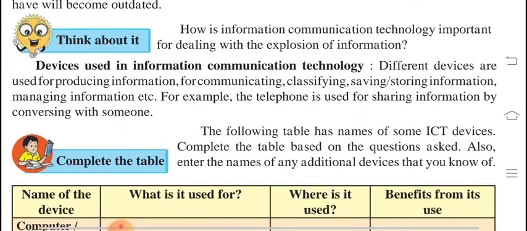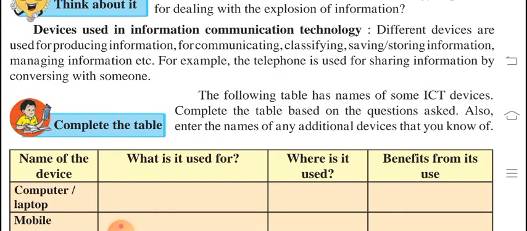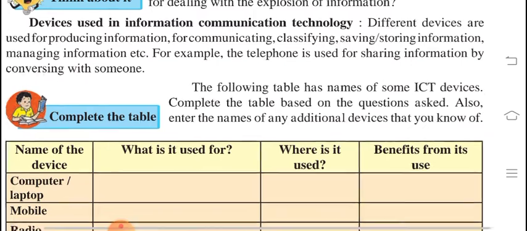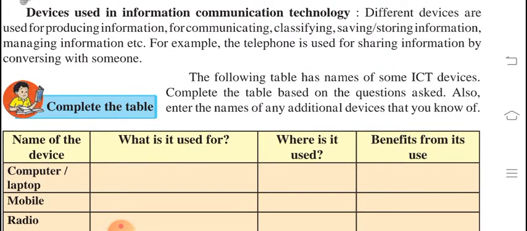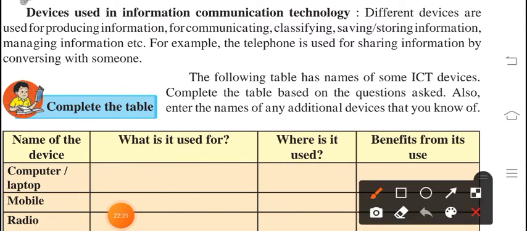Devices used in information communication technology. What type of devices are there? Different devices are used for producing information. You all know the idea of what type of devices there are for communicating, classifying, saving, storing, and managing information. For example, a telephone is used for sharing information by conversing with someone.